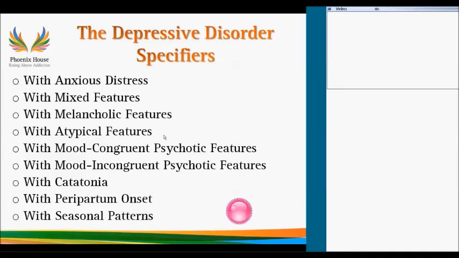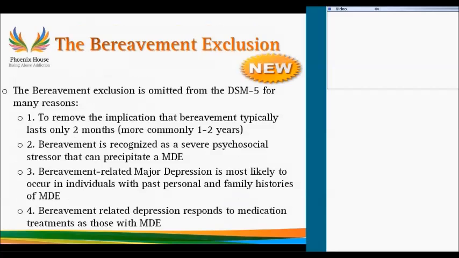That brings the question of how we would diagnose schizoaffective disorder, for example, whether the mood or the psychotic symptoms were congruent or not with the psychosis, with catatonia, with peripartum onset, meaning before childbirth, versus postpartum. The postpartum is its own separate. And then with seasonal patterns.